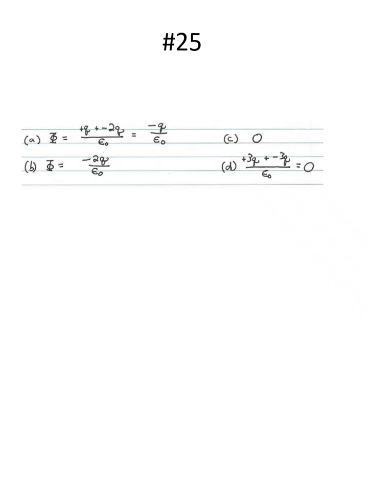So the flux is negative 2Q divided by epsilon naught through surface B. Surface C has no charges enclosed, so by Gauss's law, the flux is going to be 0 divided by epsilon naught, or just 0. And surface D has a 3Q and a negative 3Q. Those add together to make 0 divided by epsilon naught, and it gives 0 flux.